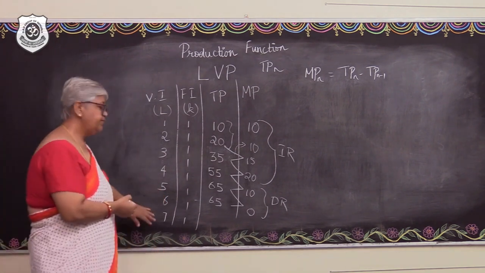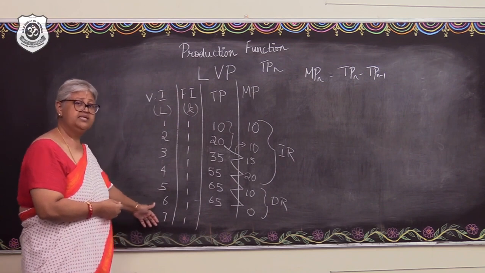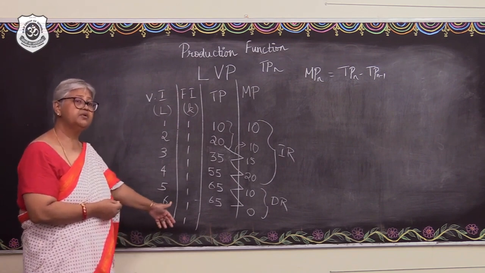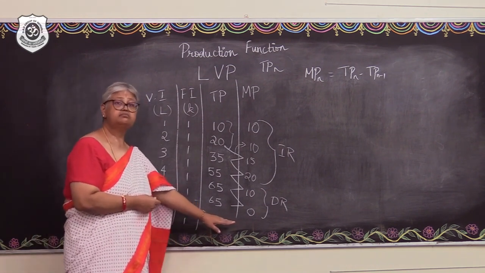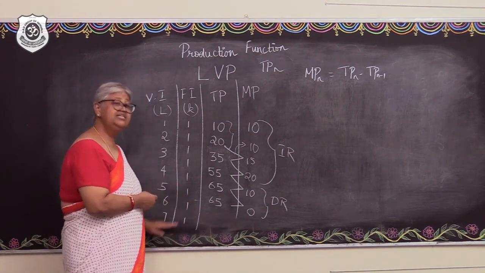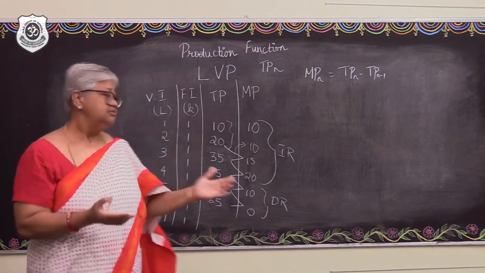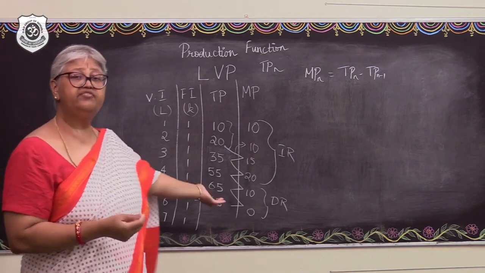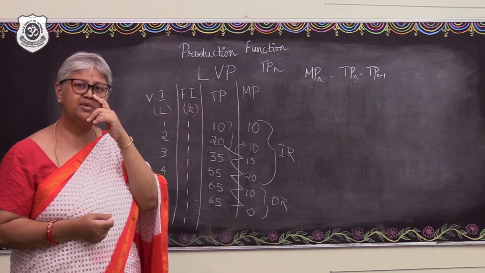Now, coming back to the 7th laborer. When one more unit of laborer, the 7th laborer, is going to be inducted in the process of production, already the 6th laborer was contributing nothing. It is just enough if 5 people are made use of in the production process.